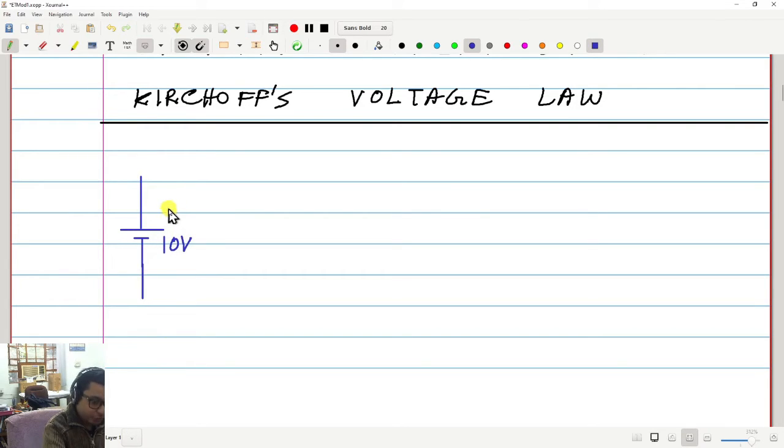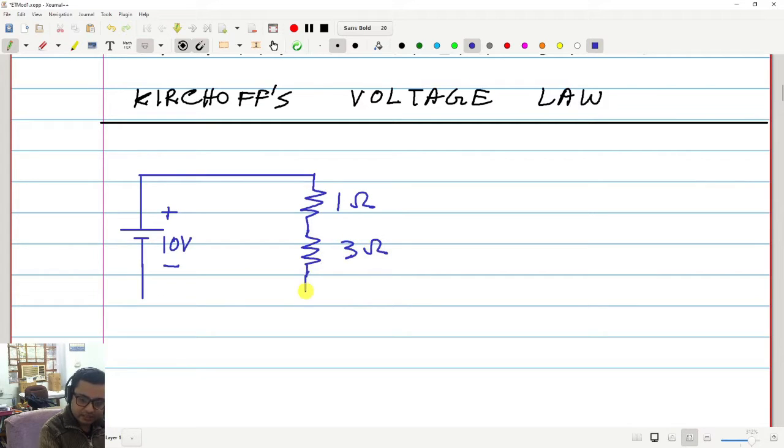I also have to say which side is at higher potential and which side is at lower potential, with a plus and minus sign. Then suppose I have a set of resistances: 1 ohm, then 3 ohm, and then 6 ohm.